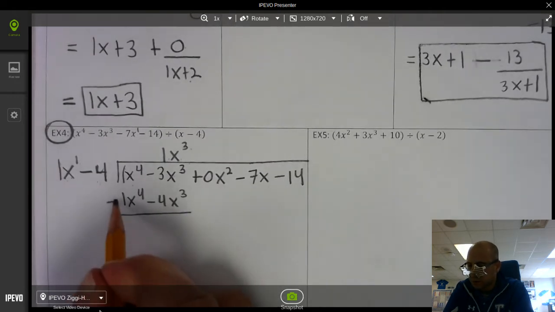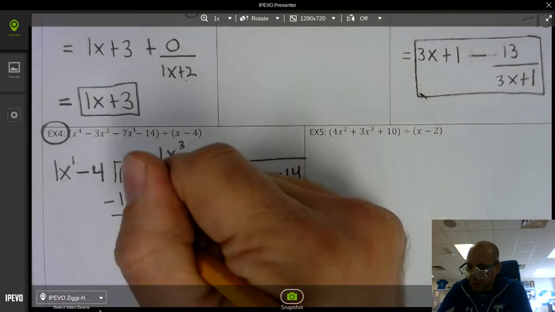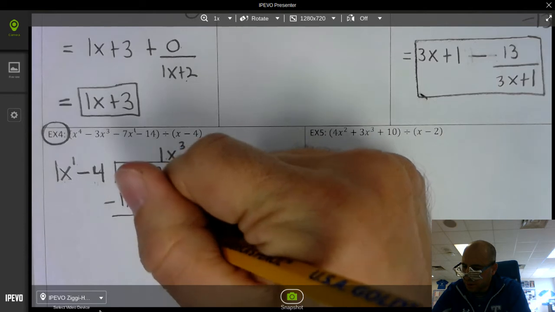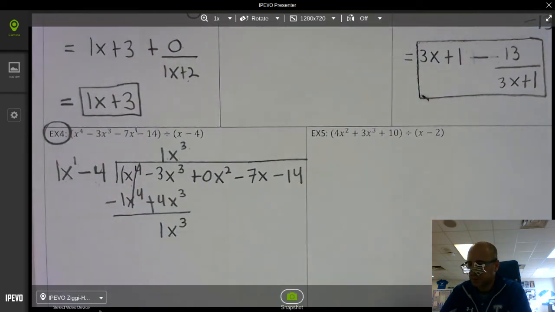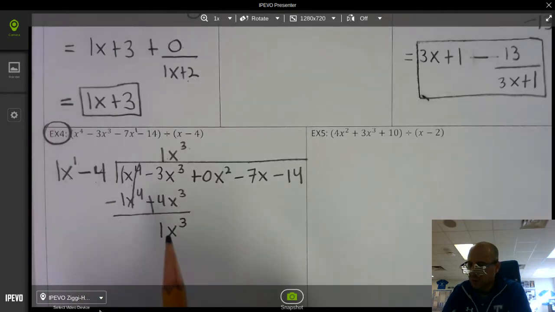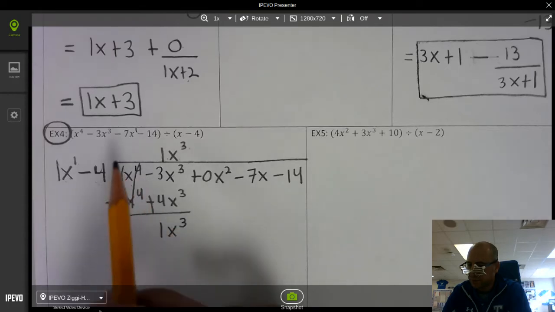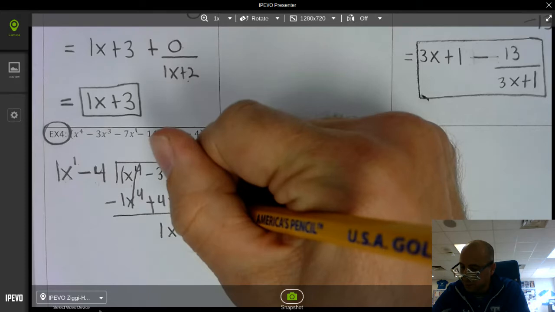Well, subtract using step 3. So subtract. So this cancels. You get 1x cubed. Oh, I'm sorry, we're into step 4. So step 4 we bring down.